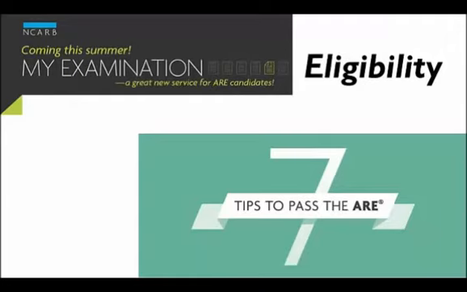Some people don't have either their diploma or transcripts or documentation, so that's something that you need to start getting together if you're getting ready to take the ARE. They may require some other things like a birth certificate or something else. In Texas, at times they have required things like official transcripts from your school, just to make sure that it shows that you've completed your degree.